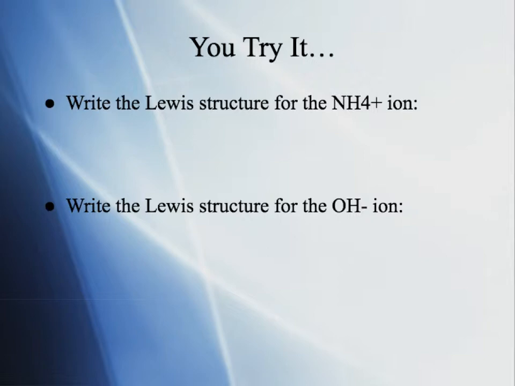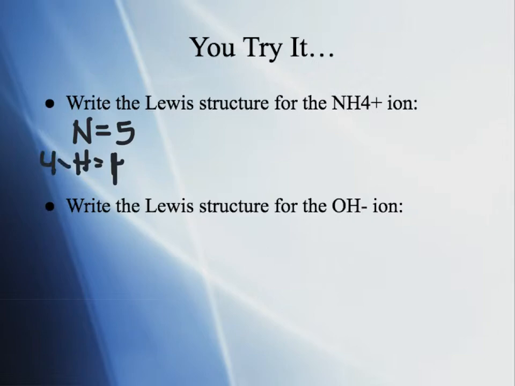Okay, so let's take a look at writing some Lewis dot structures for polyatomic ions. So let's start with NH4. Typically, nitrogen has 5 valence electrons, and hydrogen has 1 valence electron.